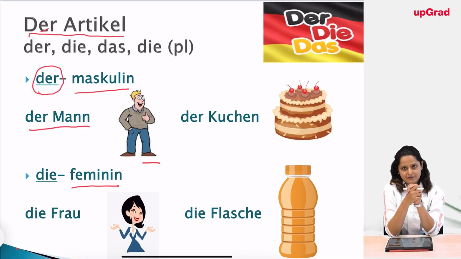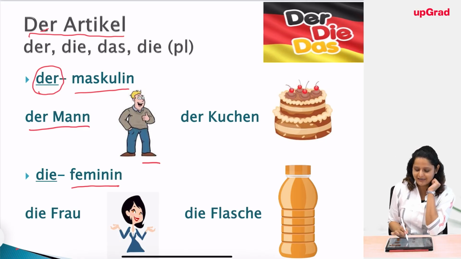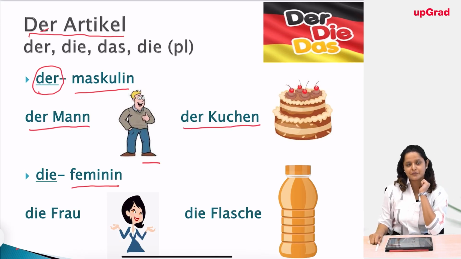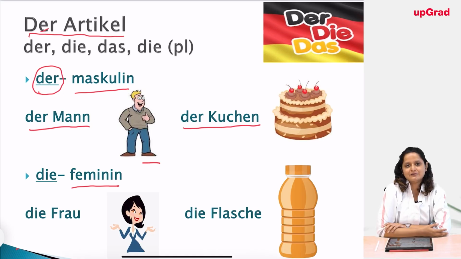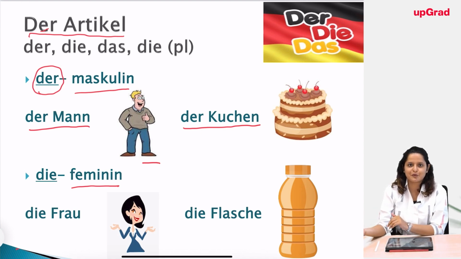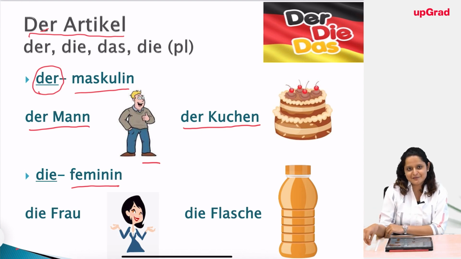So, der Mann. But if you look at the other noun that we have, a cake, it is called der Kuchen. A masculine noun, der Kuchen. What we are usually used to is thinking that non-living nouns might not be masculine. But when it comes to this language, that is not the case.